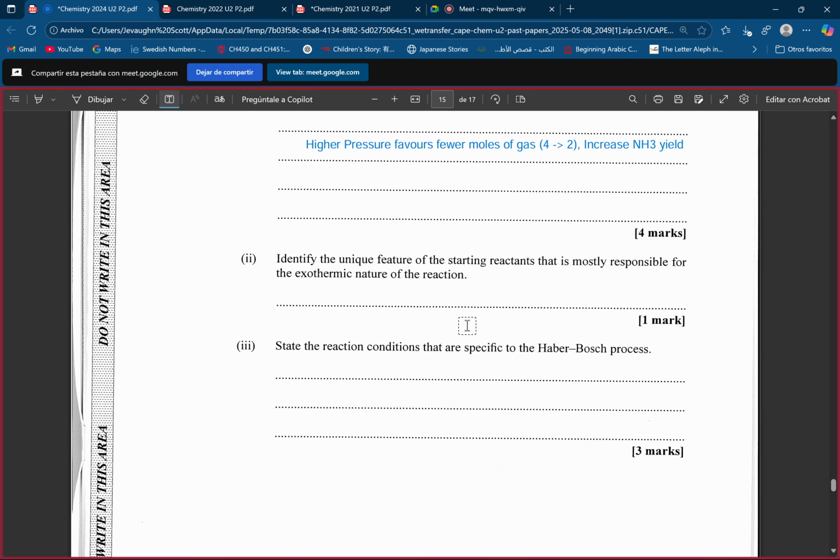What do exothermic reactions mean with respect to bond breaking and bond formation? Well, yeah. Alright. But we're looking at the feature of the molecule, you know. Look at the feature.